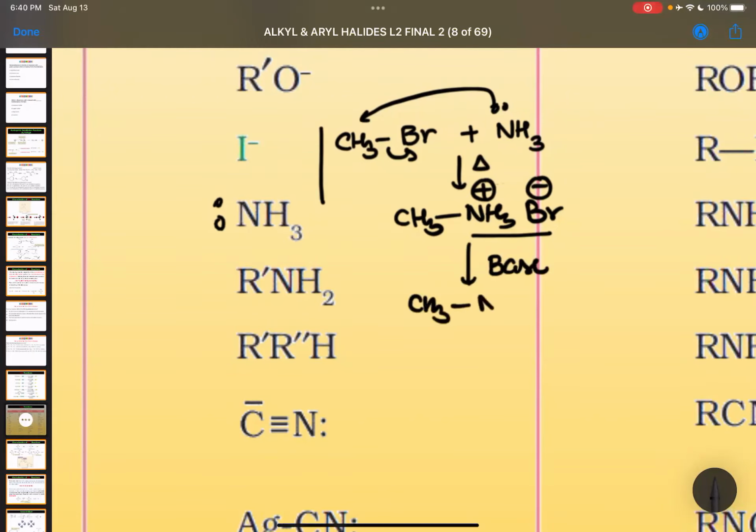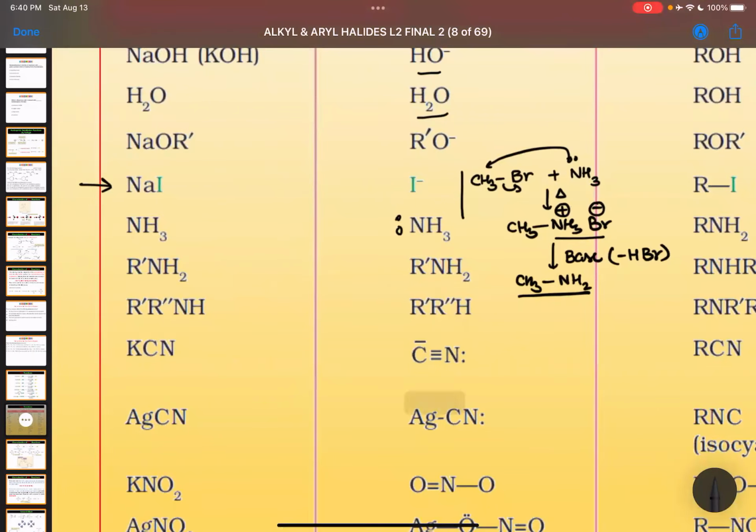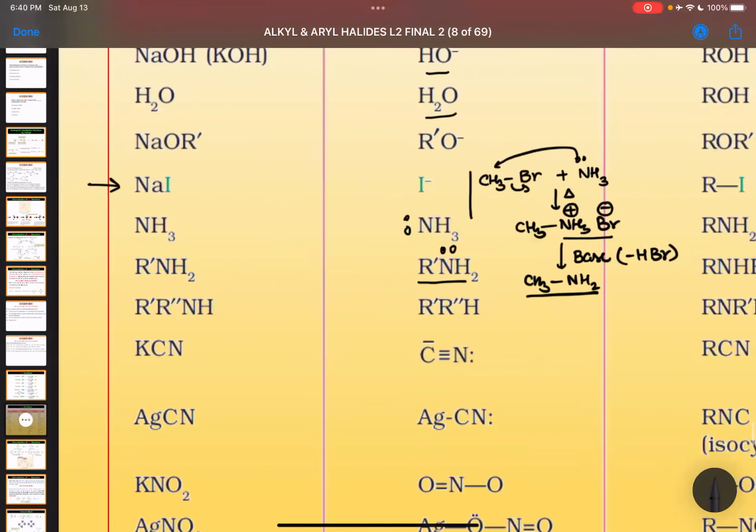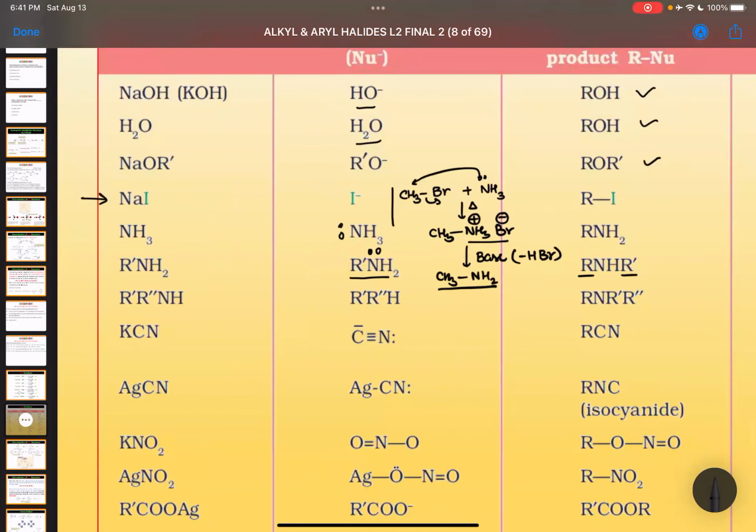So you will get CH3NH2, or you can simply write minus H plus from the NH3 plus and Br minus, so you get your amine. This is the preparation of amine. But instead of NH3, if you take a primary amine, which already has one R dash group, and it attacks another RX, you get a secondary amine having two R groups. This is how the reaction happens. Is it clear?